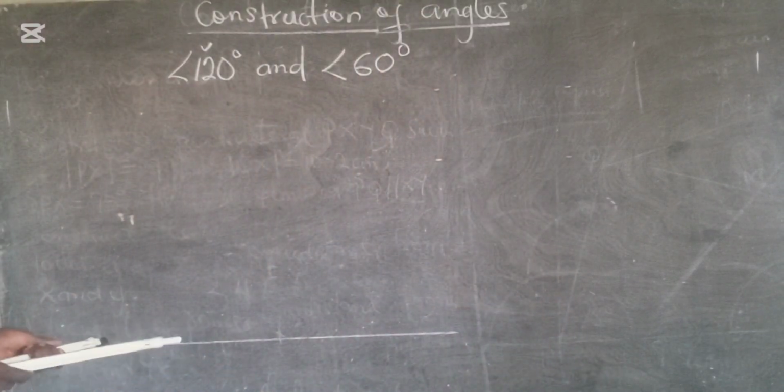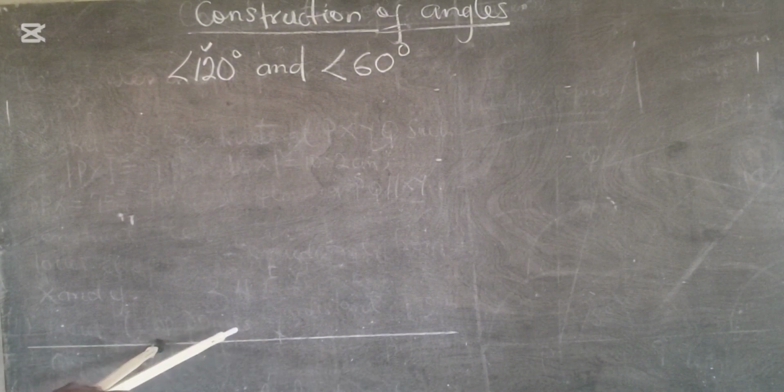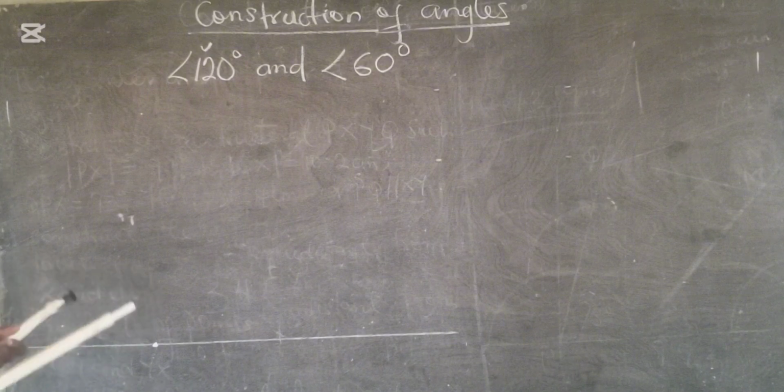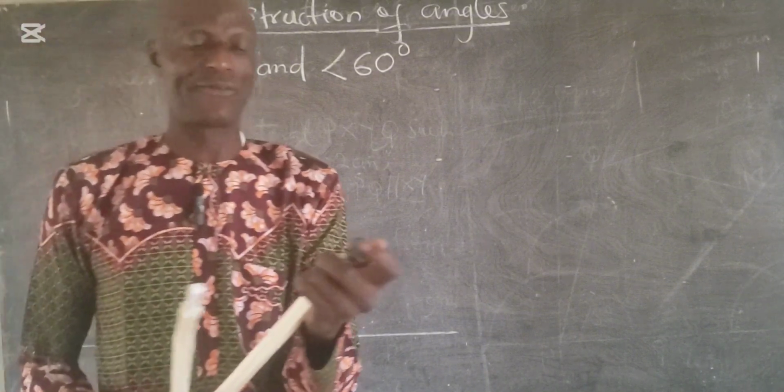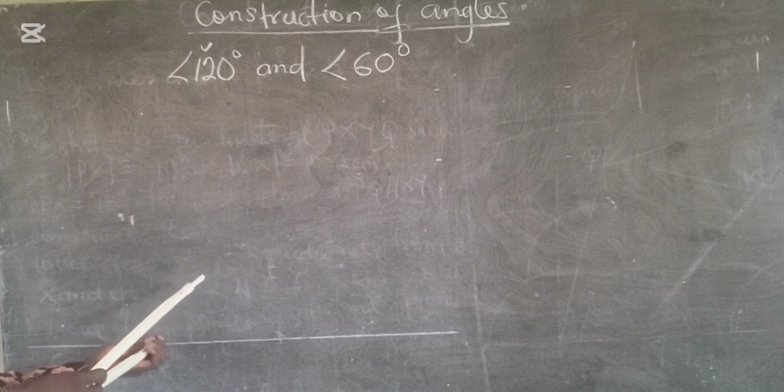Now, if I want to construct angle 120 degree, let me take this point as my point of compass. The tip of your compass is placed there.